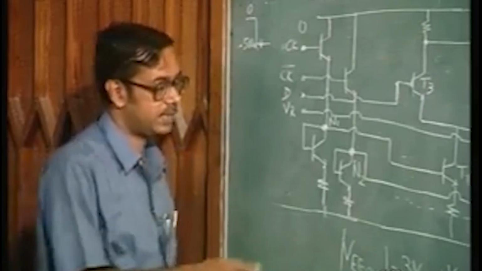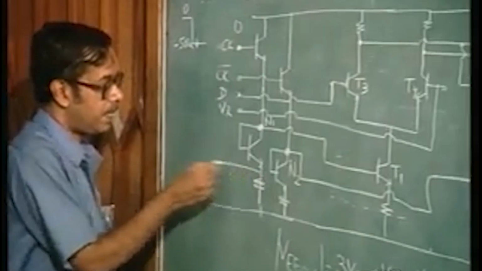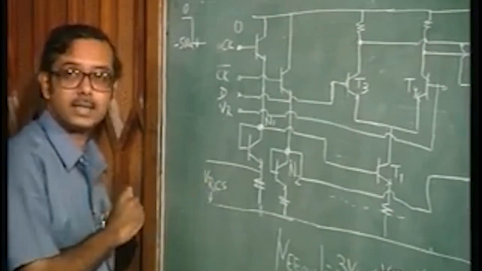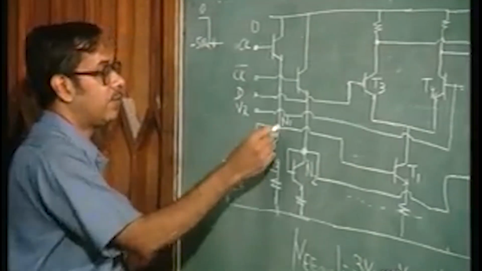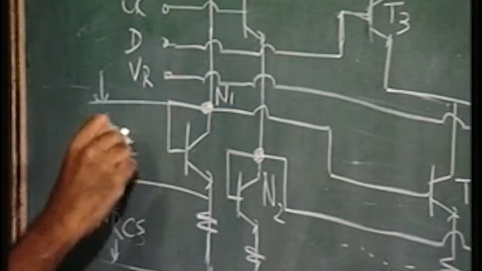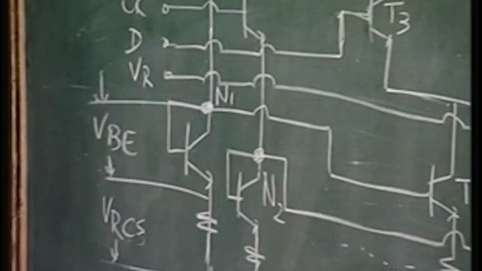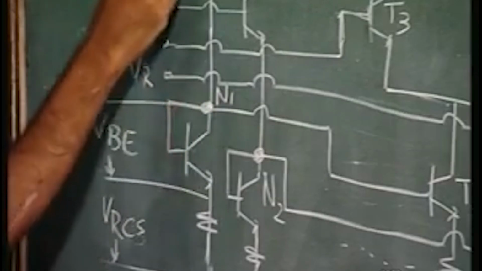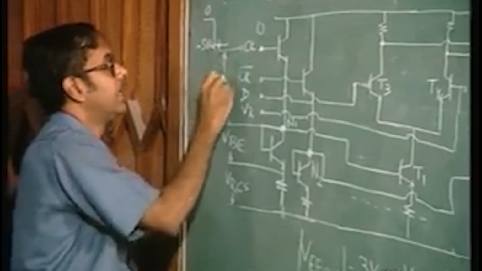What you have here is again VRCS. Let us say this is the voltage. From here to here you have VBE at the base at node N1, and from here you have another VBE.